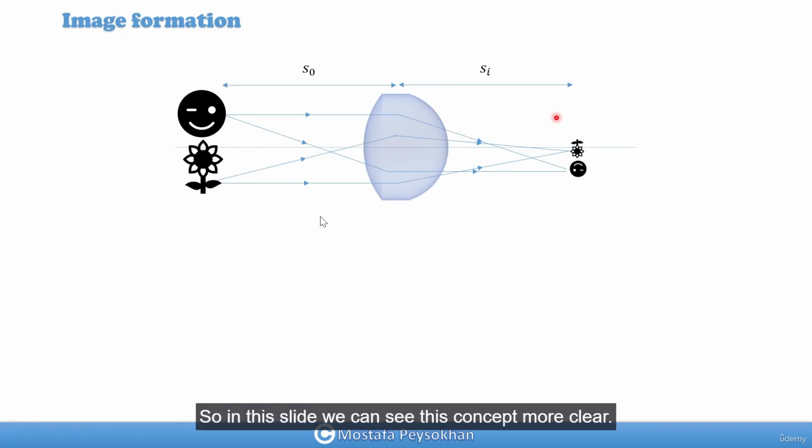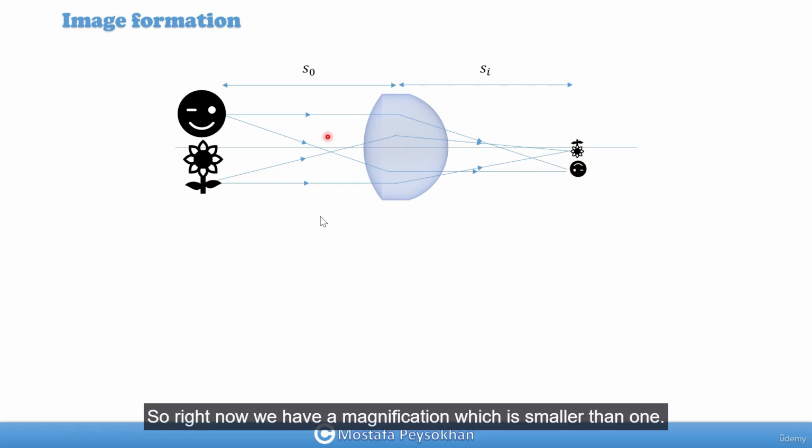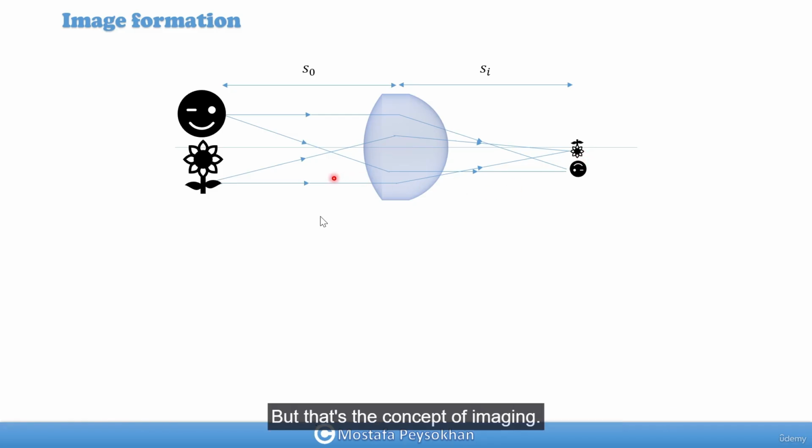So in this slide, we can see this concept more clearly. Let's say we have an object like this, and if we draw the lines, using the paraxial approximation and Snell's law, we can get to this image. Right now we have a magnification which is smaller than 1, but that's the concept of imaging.